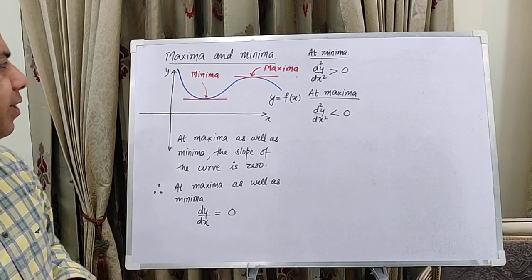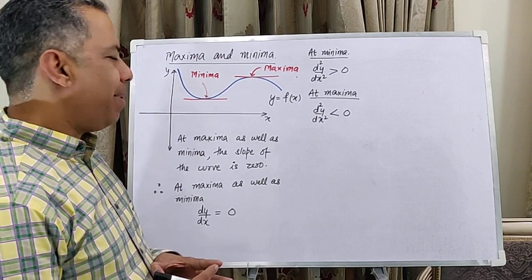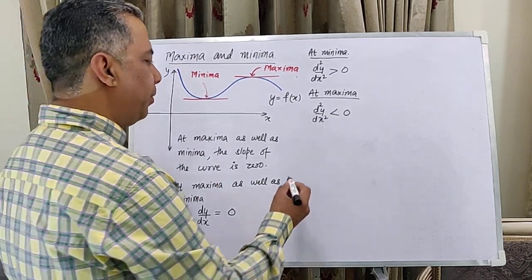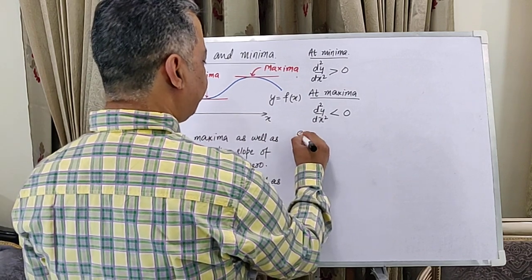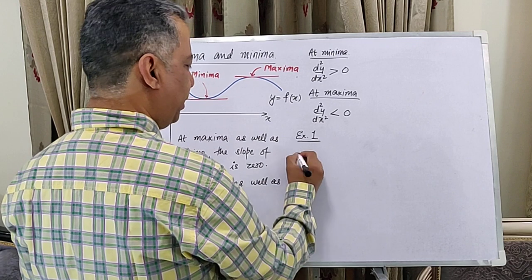Let's take up a couple of examples to be able to identify maximas and minimas and to calculate them as well. So one simple example, first one we are taking up.